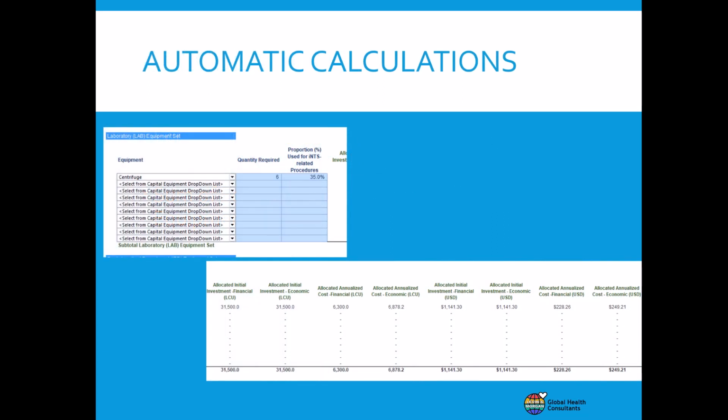When the automatic calculations are done, we will have put in the quantity that are required of each type of equipment, and also the estimated proportion of time that it's used for INTS-related procedures. And in that way, we will get an idea of the initial investment cost for this equipment, proportional to the amount of time we think it's being used for INTS.